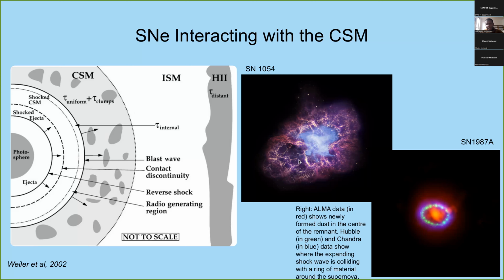And there are two examples here, supernova 1954 and 1987A. The most interesting one here is 1987A, where it's been shown to be expanding. So the material is still expanding after, I think, almost 100 years of expansion, where the shock is cooling and the material around the supernova is being illuminated by the X-ray emission in the reverse shock and in the interaction region.